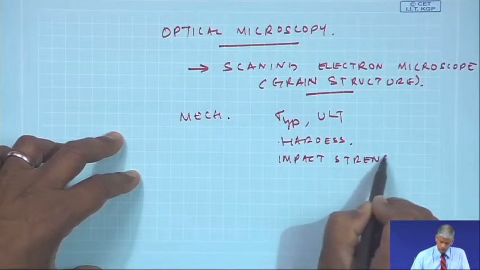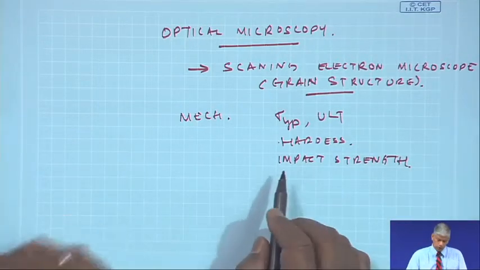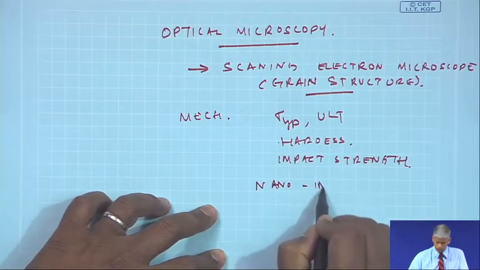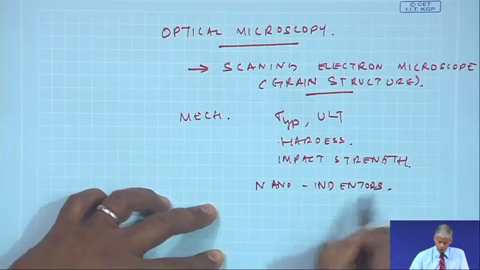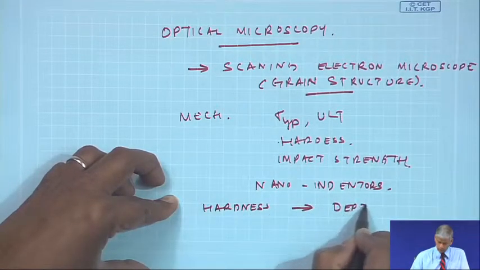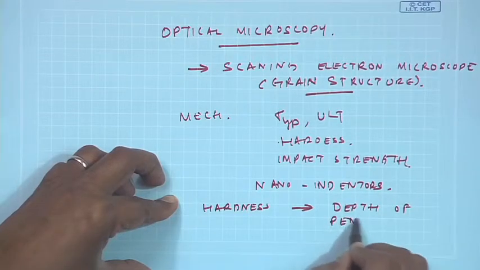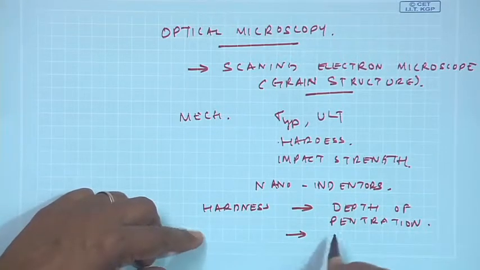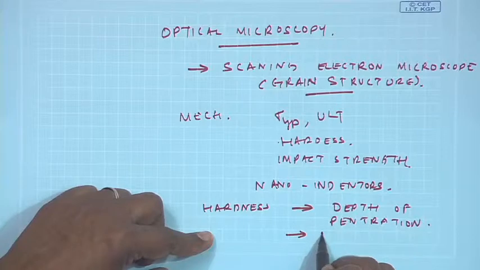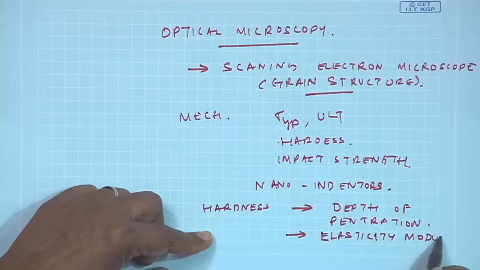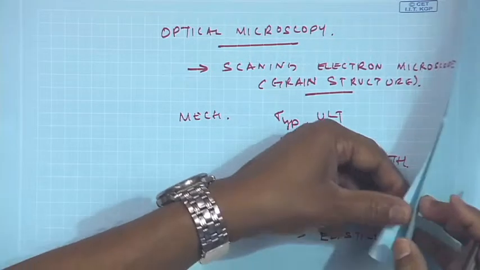But since the sample is very, very small, nowadays we have nano indenters, wherein we can find the hardness as a function of depth of penetration, and during the unloading or the retraction we can find out the Young's modulus.